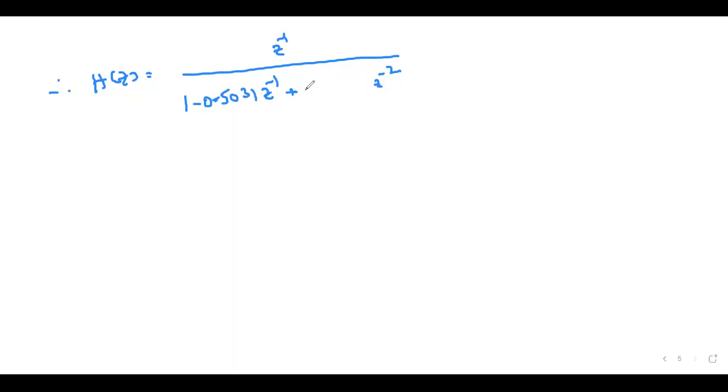Next, 0.0497 z power minus 2. Very good. Sirisha, next numerator. Sir, doing. Okay. Numerator 0.465 I got. 0.465. Very good. Good. Done.